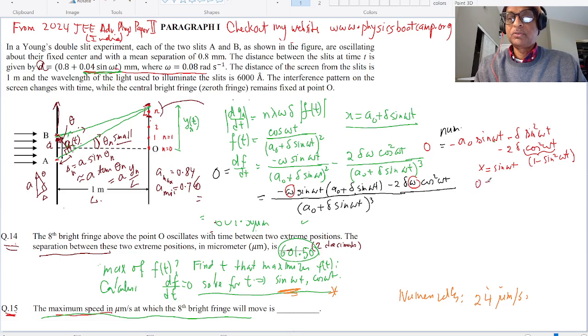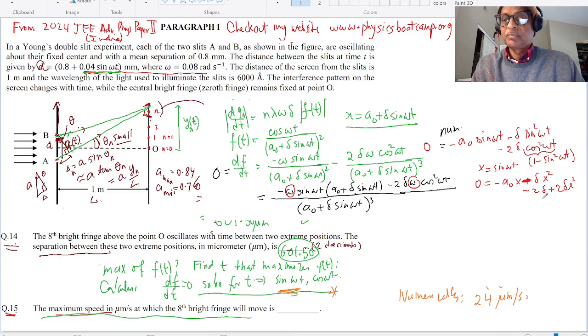So you get 0 equals minus a0x plus delta x square minus 2 delta plus 2 delta x square.